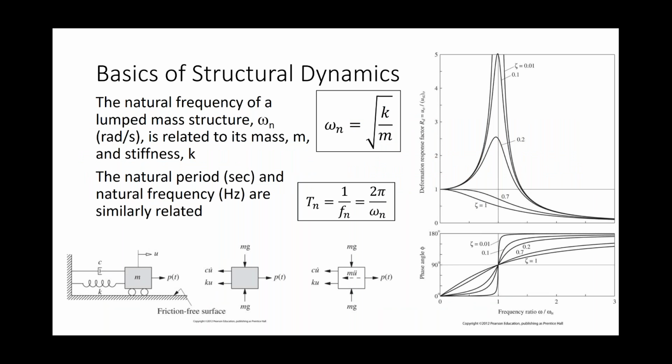So now to pivot just to basics of structural dynamics. If you've got a structure, oftentimes in structural dynamics, this is the first model you're going to see, where you've got a mass, in this case sitting on a frictionless surface, and it might be forced with this P of T function, so a time varying function.